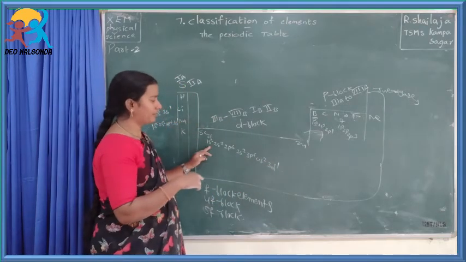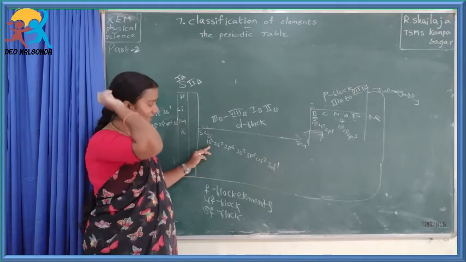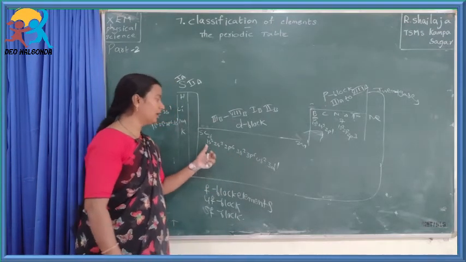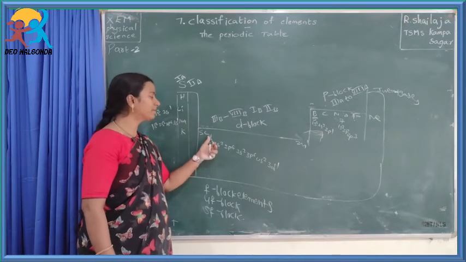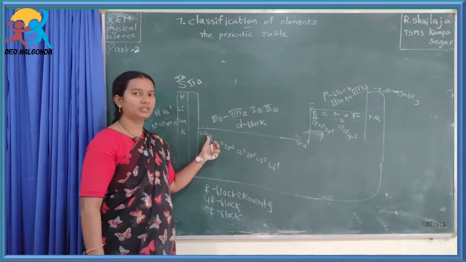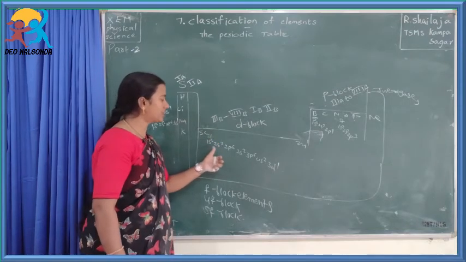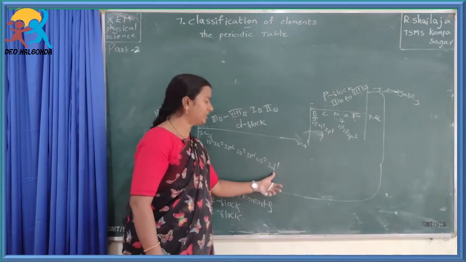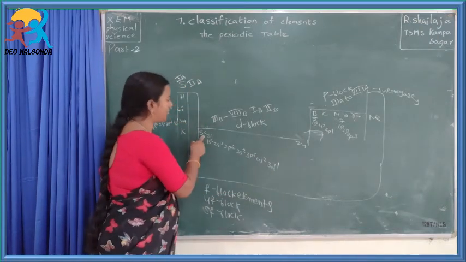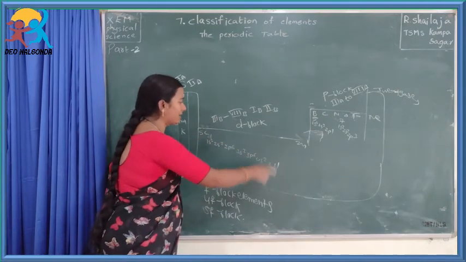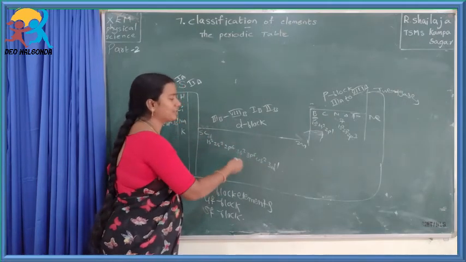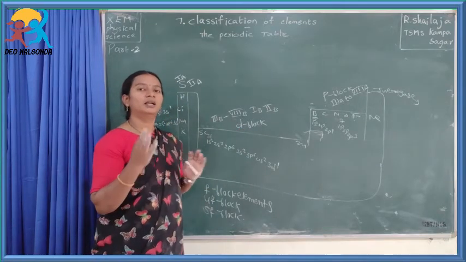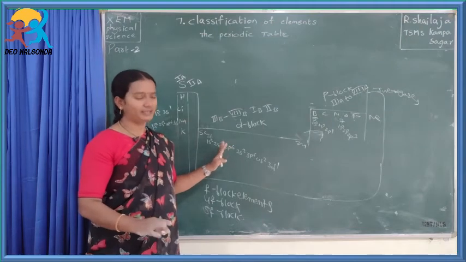Using the Aufbau diagram, we can easily write the energy order. The neutral atom has atomic number 21, so the number of electrons is 21. 1s2, 2s2, 2p6 is 10, up to 3p6 is 20, and this one is the 21st. The last, 21st electron is entering the d orbital. That's why they are D block elements. For any element among these, the last electron is entering the d orbital. It may be 3d, 4d, 5d or 6d.